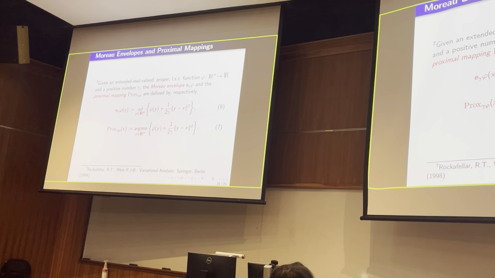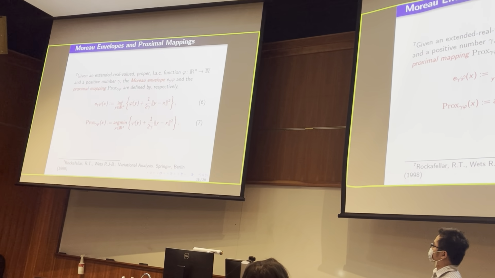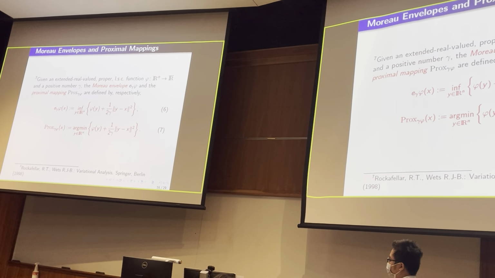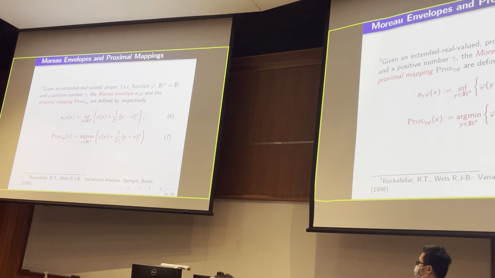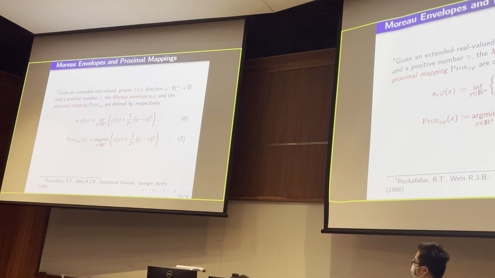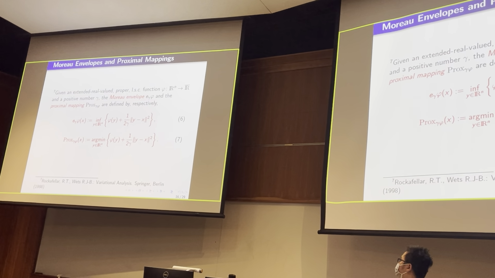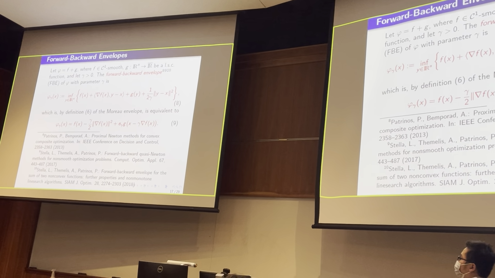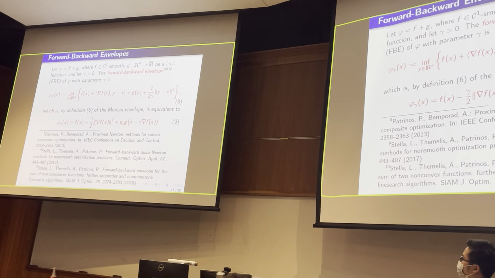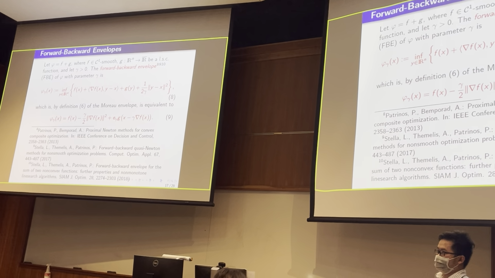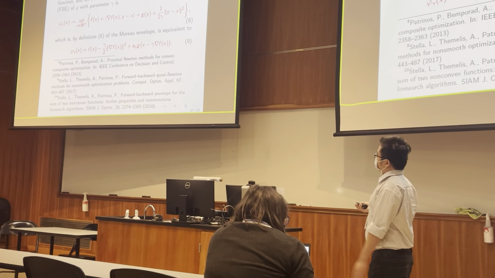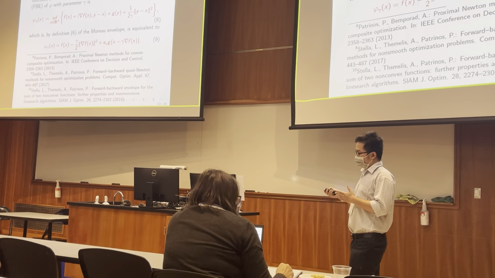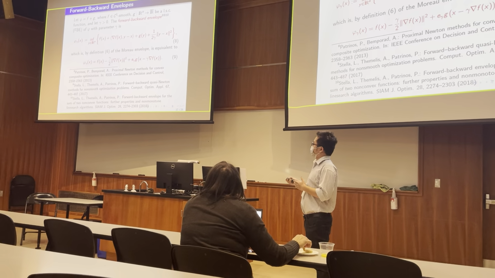Here we have to recall some notions about the Moreau envelope and the proximal mapping, presented in the book of Rockafellar and Wets, Variational Analysis, in 1998. Here we have another notion: the forward-backward envelope. The forward-backward envelope is an extension of the Moreau envelope, extended to the case of a sum of two convex functions.